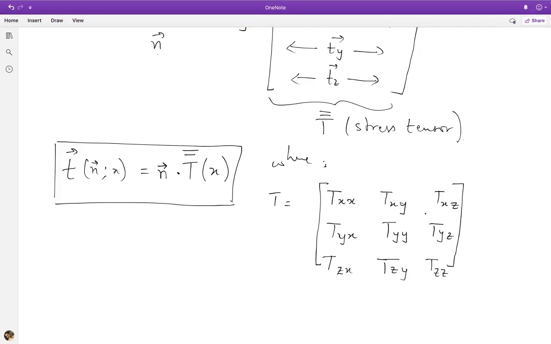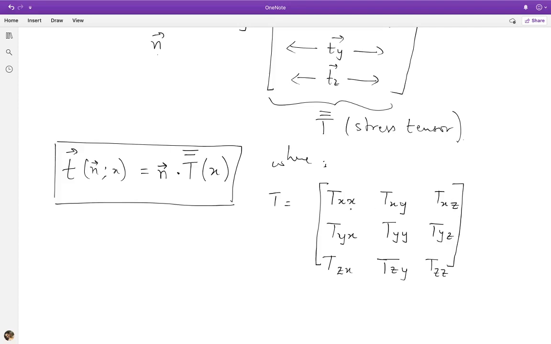If I look at this tensor row wise, each row represents the stress vector, which is a force per unit area, acting on the x directed surface, the y directed surface on the second row, and the z oriented surface on the third row. On the other hand, if I look at this same tensor column wise, the first column represents the net force acting in the x direction due to the stresses acting on all the surfaces, the x, y and z surface, and similarly the other 2 columns.